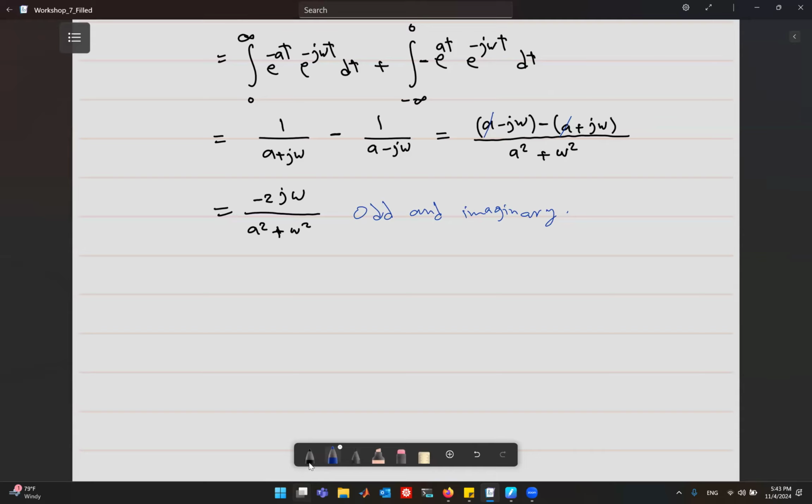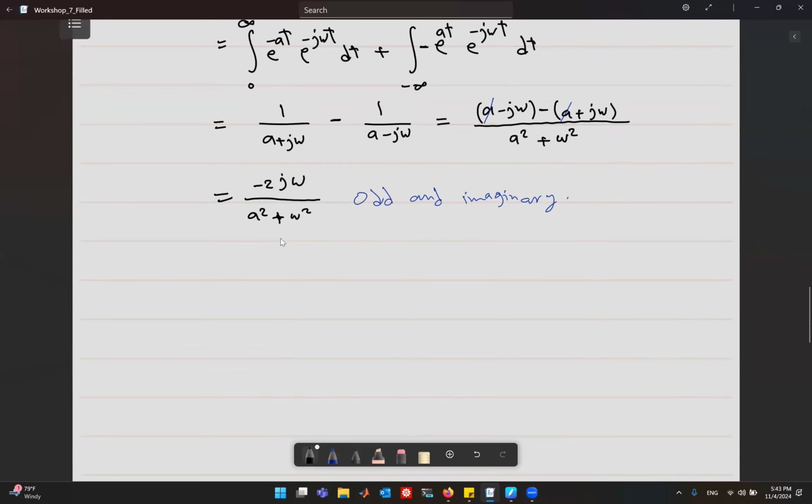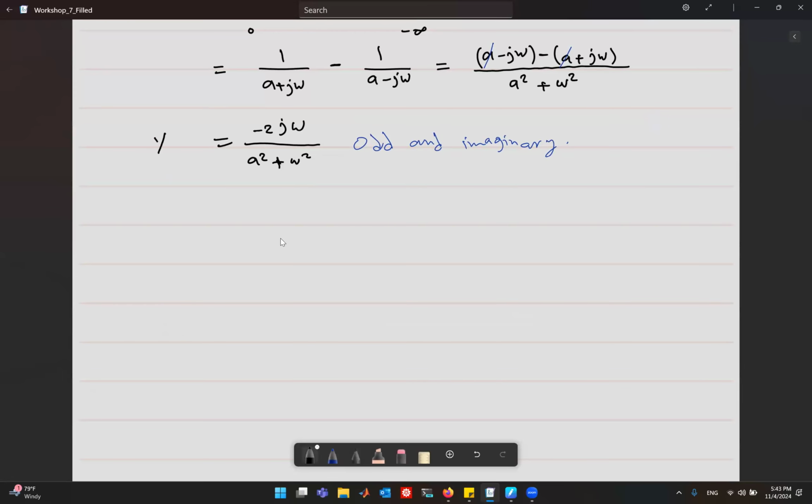And if we plot the magnitude and the phase for this Fourier transform X(j omega), the magnitude of X(j omega) will be just the absolute value of this term. This is real and positive, so divided by a squared plus omega squared.